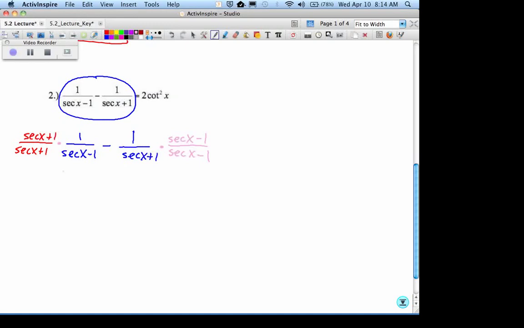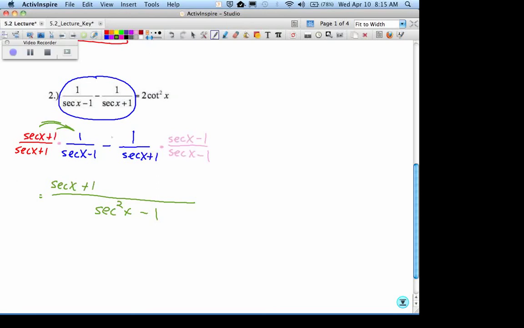What is my common denominator after you get done multiplying everything out? Secant of x times secant of x is secant squared of x, minus 1. Because I don't have to do the middle term again. It's the conjugate relationship, right? It's outer-inner, positive, negative. Now we got to be careful here. Up top, right here, multiplying by 1, I get secant of x plus 1.